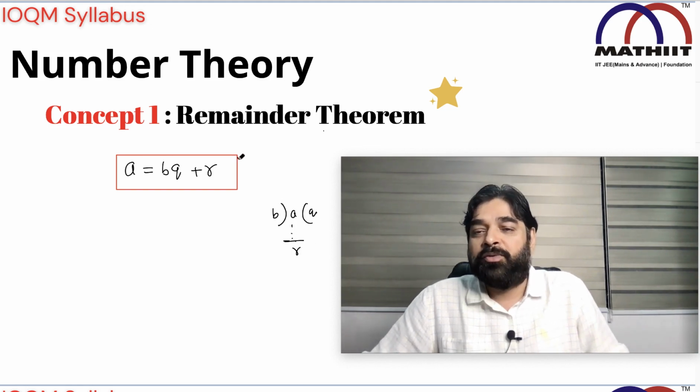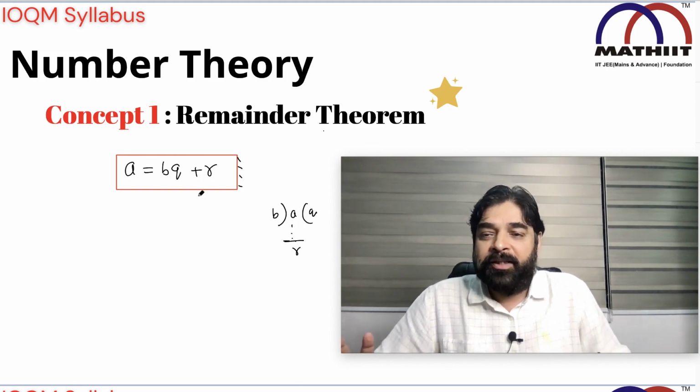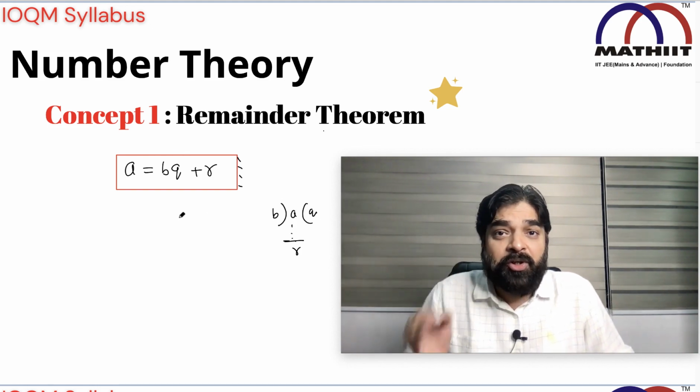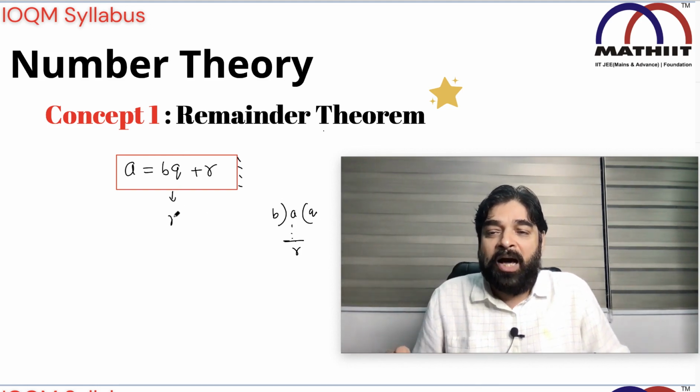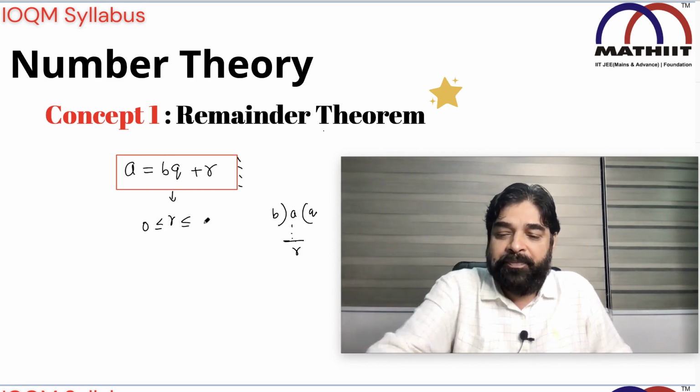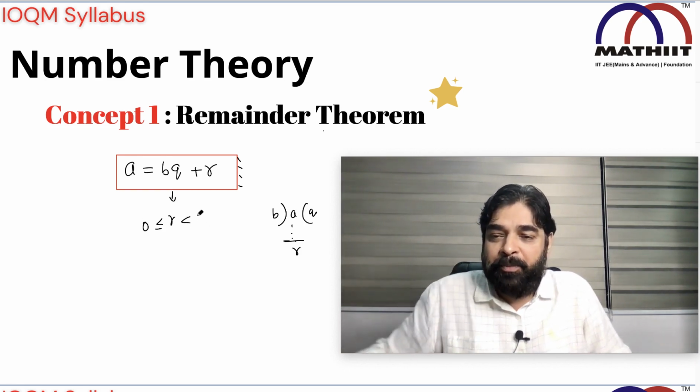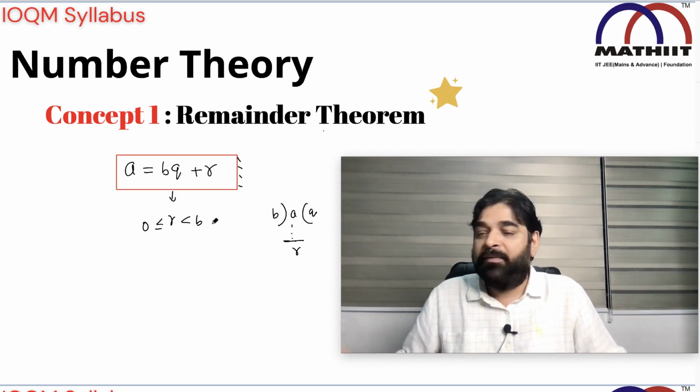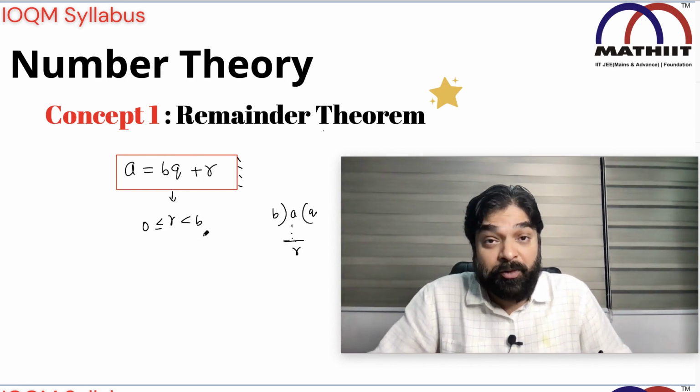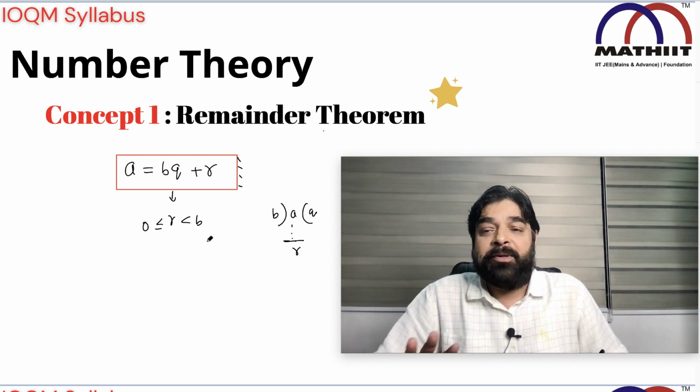The most crucial part is that r always lies between 0 and b. It cannot be equal to b, but it will lie between 0 and b.